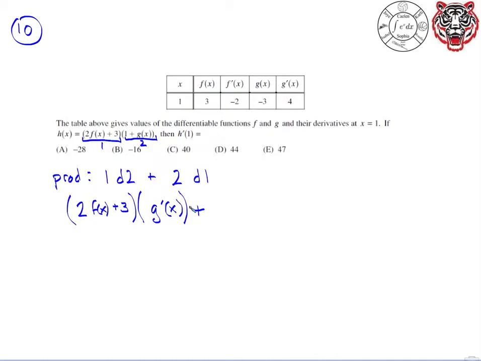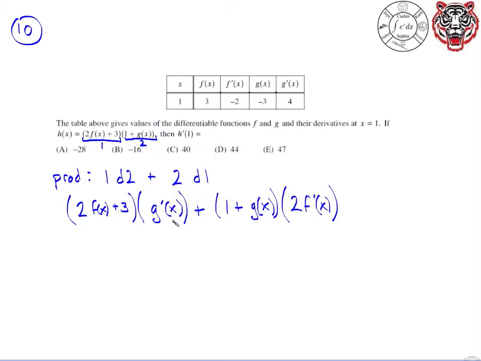I just did 1d2 plus, and then what am I going to write here? 1 plus g of x. This is all going to be times what? 2f prime of x. It was said lightly, but it is correct. All right, now we have our correct formula.